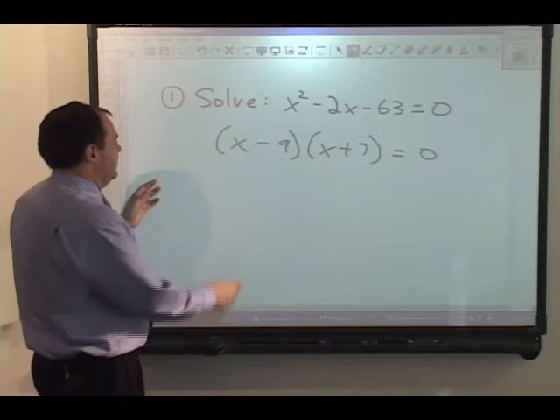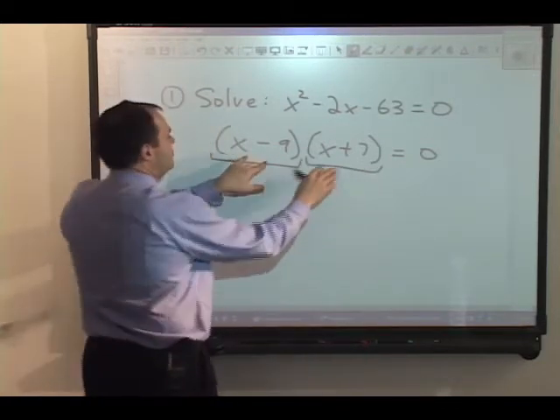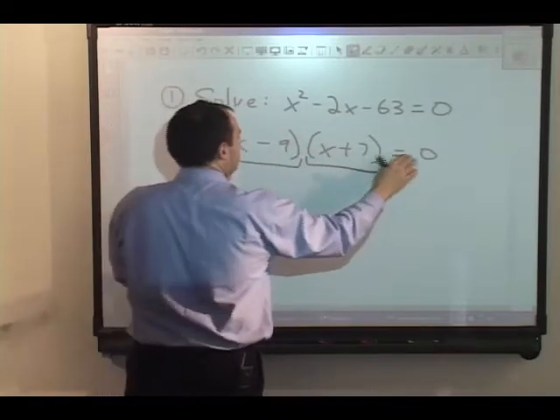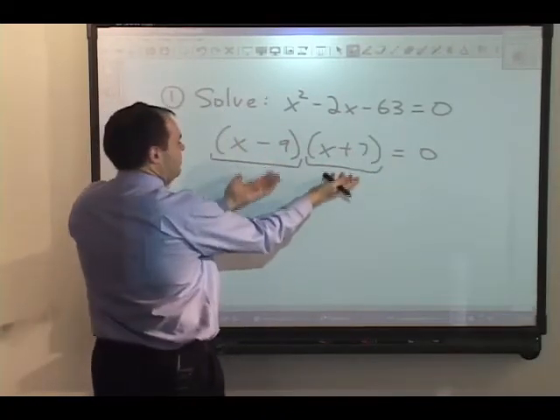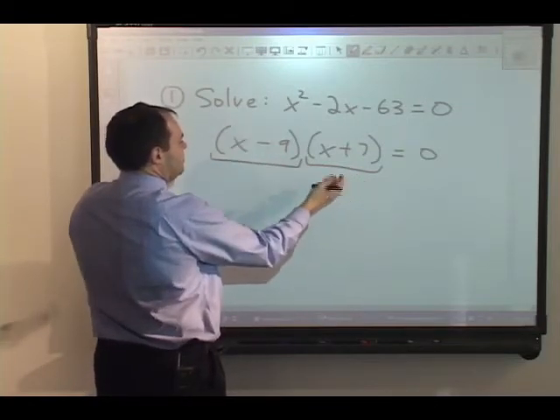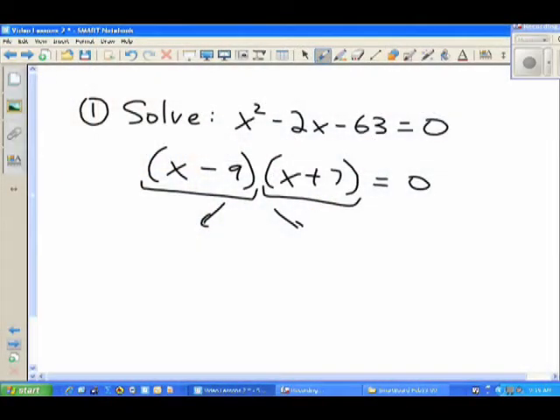So what I've done is I've now transformed my equation into the product of two numbers. This number times this number is equal to 0. And remember, if two numbers multiply to 0, either this number must be 0 or this number must be 0. So that allows us to break this equation into two pieces.